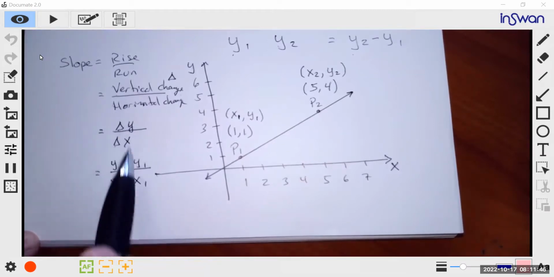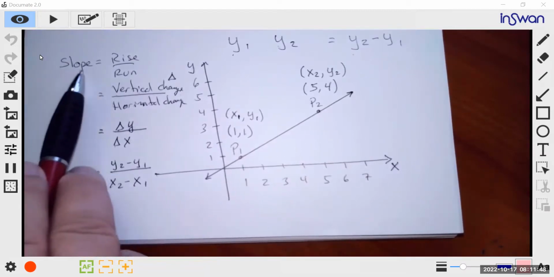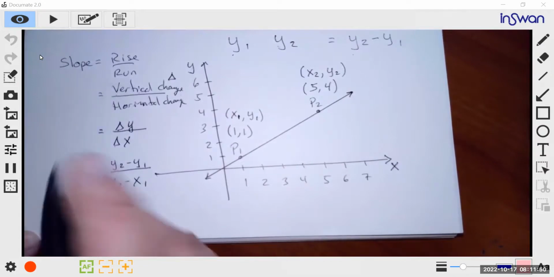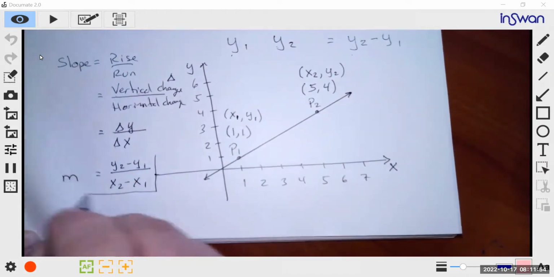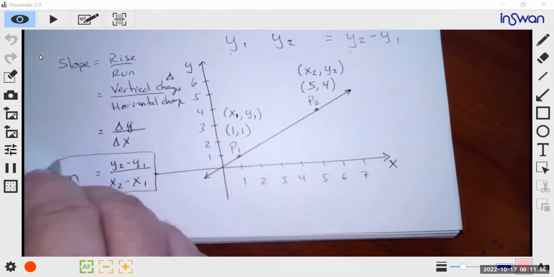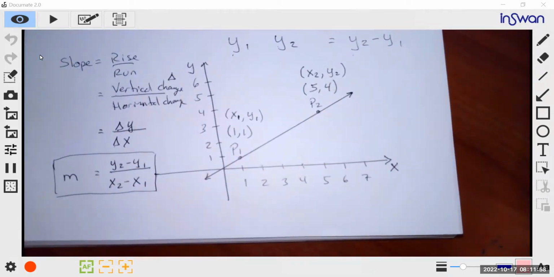And since we're dealing with symbols now, we don't write the word slope anymore. The letter M represents the slope. So whenever you see the letter M in algebra, you know that means slope. And you know that's the equation, y2 minus y1 over x2 minus x1.